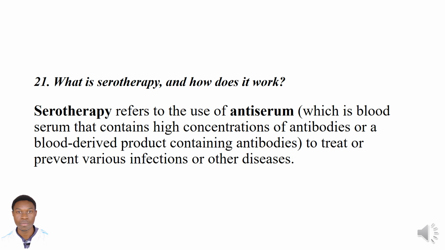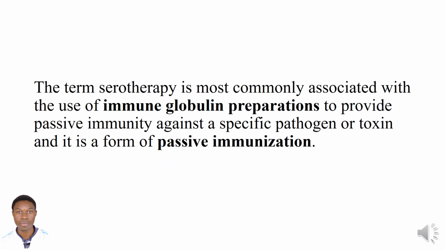The term cell therapy is most commonly associated with the use of immunoglobulin preparations containing antibodies from human or animal sources to provide passive immunity against a specific pathogen or toxin. It is a form of passive immunization where the individual receives preformed antibodies rather than having to produce their own through an active immune response.